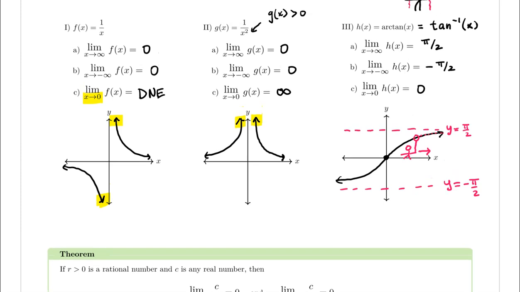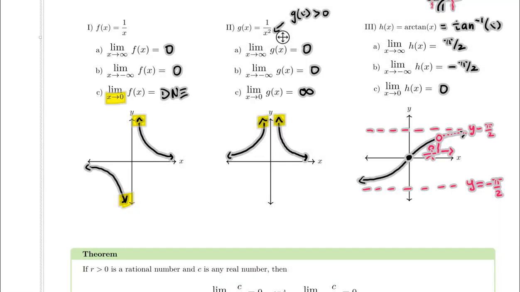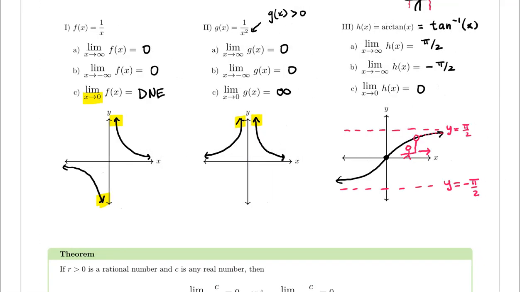If I come back here, in both parts above, f of x is a constant over a positive power of x, and g of x is also a constant over some positive power of x. And notice that all of these limits are 0. When you have a constant divided by some really, really large number, if x is going to infinity, then it's going to get infinitely small, and it will go off to 0. So this is just an illustration of this theorem.